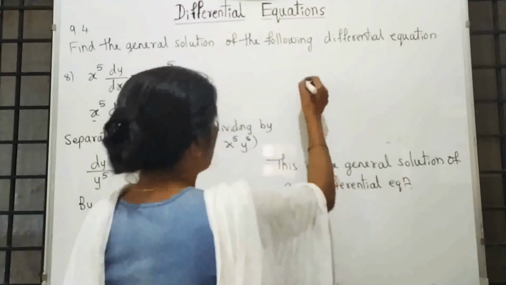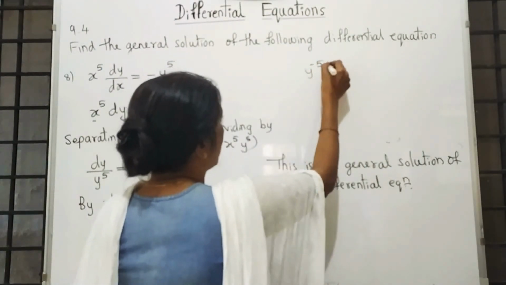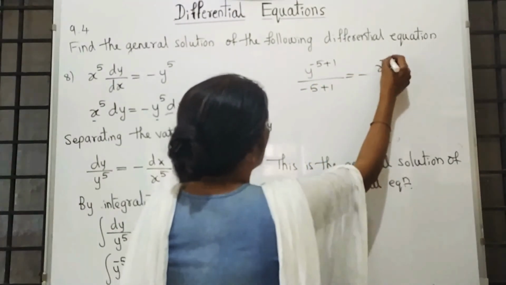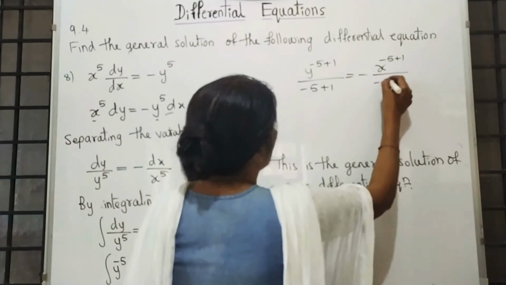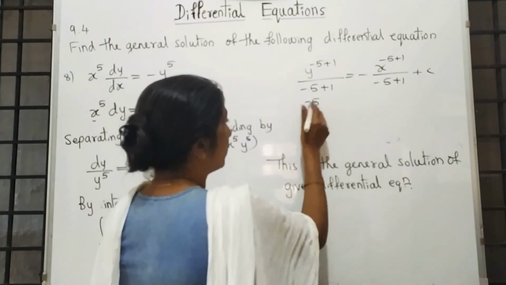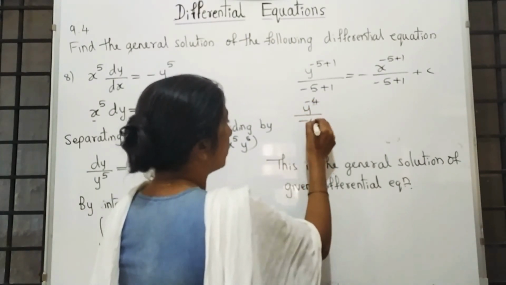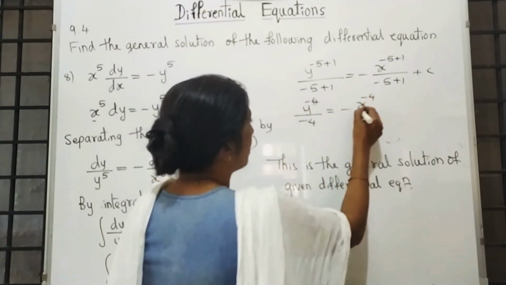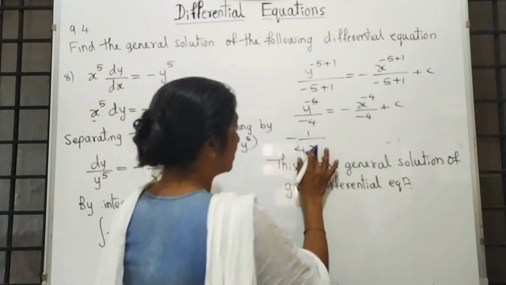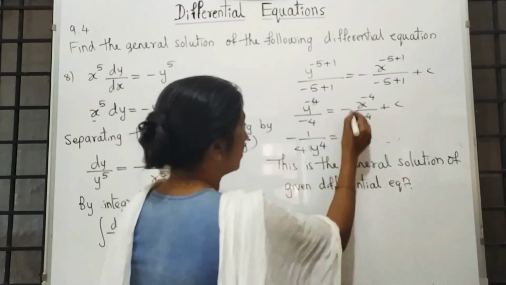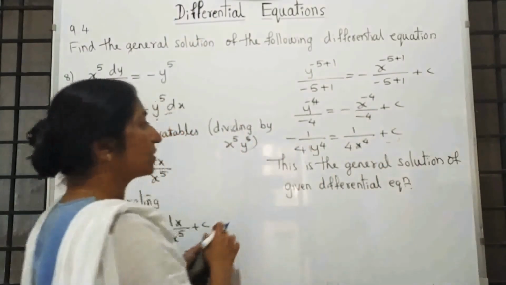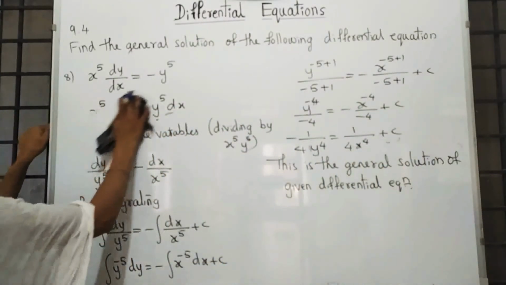Integration is y raised to minus 5 plus 1 upon minus 5 plus 1 is equal to, and after simplifying, y raised to minus 4 upon minus 4 is equal to, or you can write one more step, minus into minus plus. This is the general solution of the given differential equation.